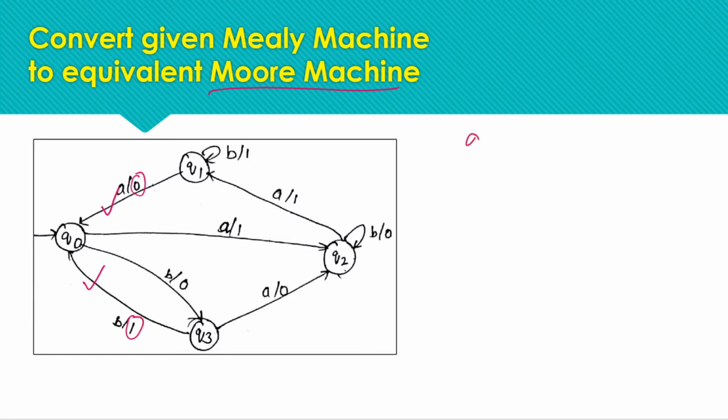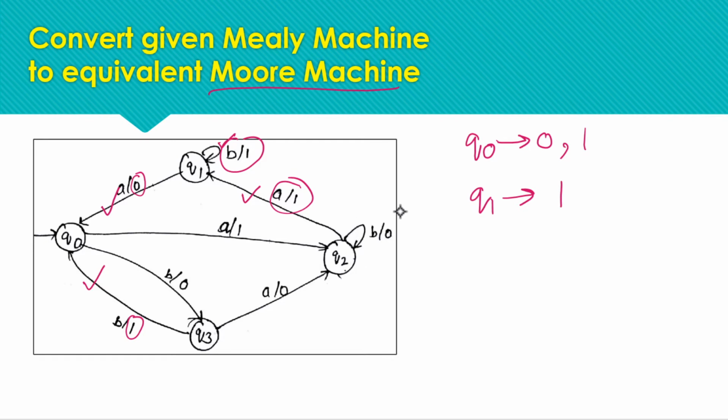So corresponding to Q0 we have two outputs, one is 0 and one is 1. Like this we have to check all the states. For Q1 we have two incoming transitions, and from both we have the same output, 1. So Q1 has only one output, 1.